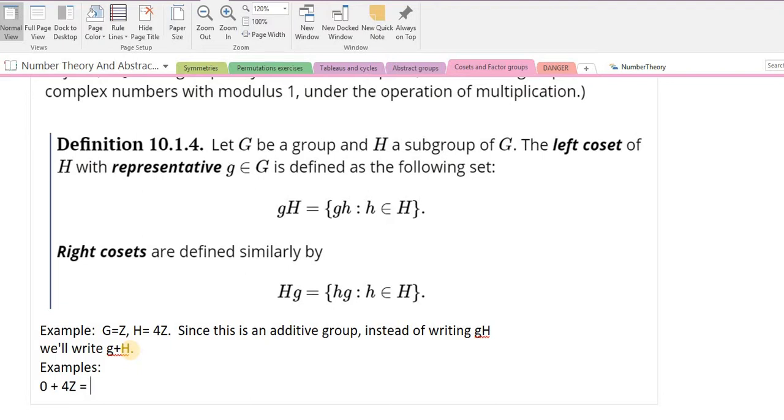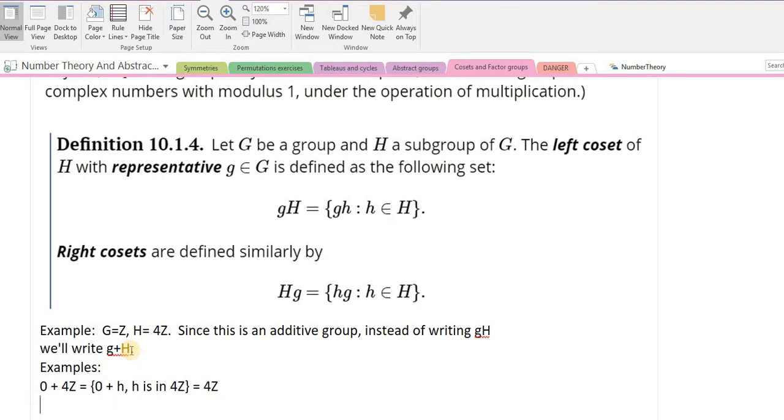The definition says that's the same thing as 0 plus h, where h is in 4Z. If I was going to list out the elements of that set, because you're adding 0, it doesn't change anything. So it's still 4Z. All right, so you with me? That's still 4Z.